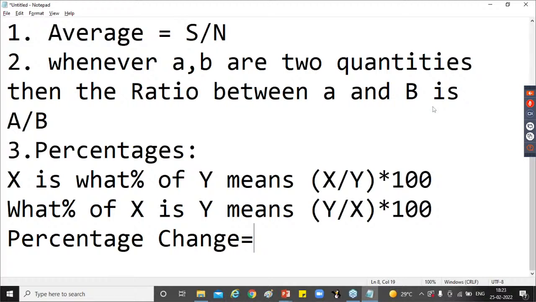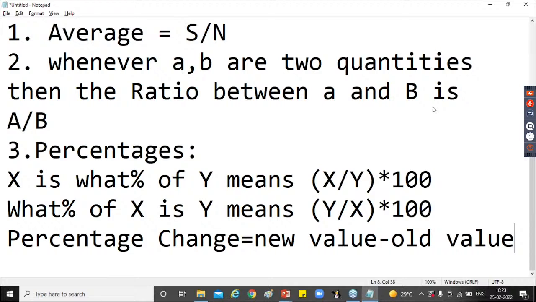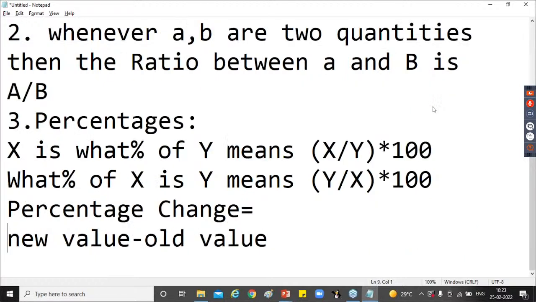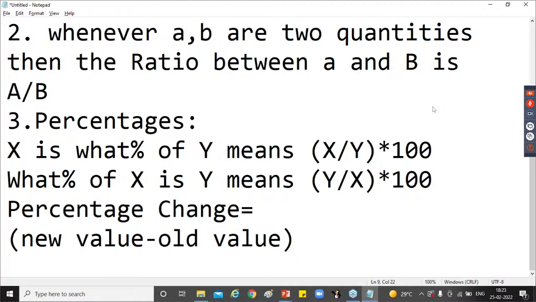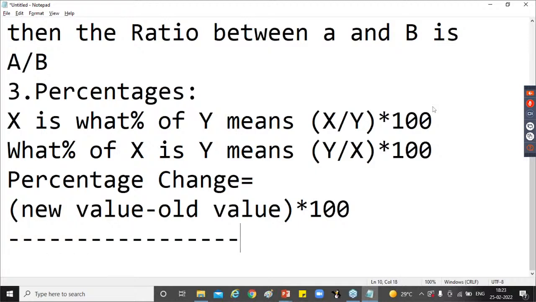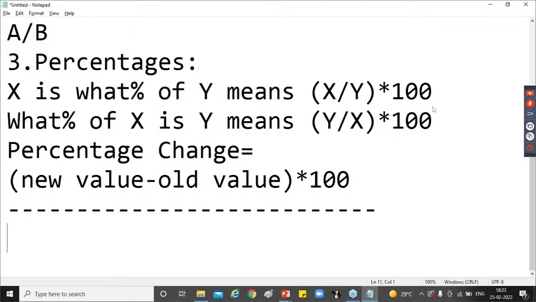Percentage change is equal to new value minus old value into 100 by old value.